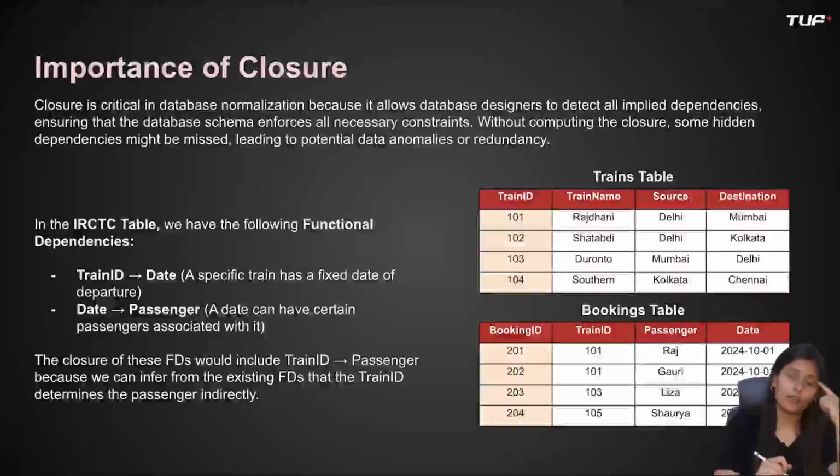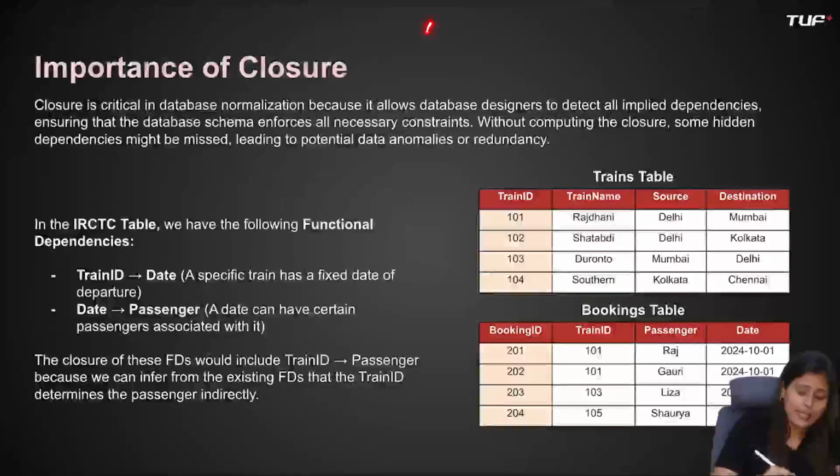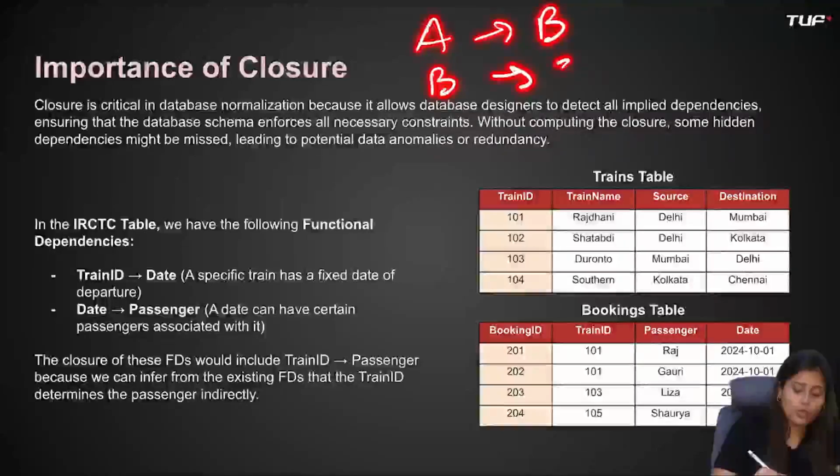So if you do not compute the closure, meaning you are not finding the new derived functional dependencies, then it might happen that some relation was there but you missed it, right? Let's take that previous transitivity example.